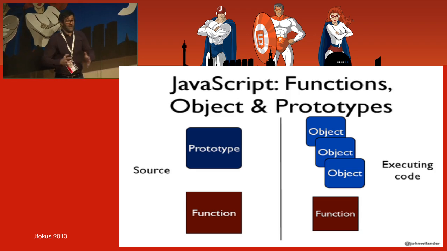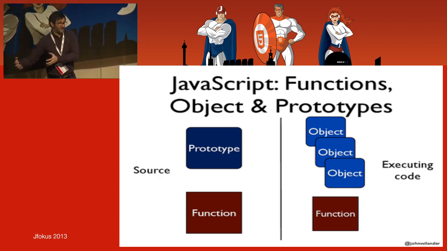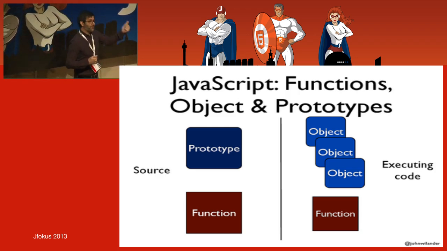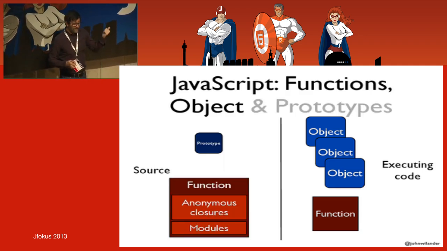They don't have to be in some kind of an object or class. Which means that in your source code, you will find both prototypes for carrying around data and functions. And in your executing code, you will have instances of these prototypes in the form of objects, and you will have these functions that you can call from the global namespace.